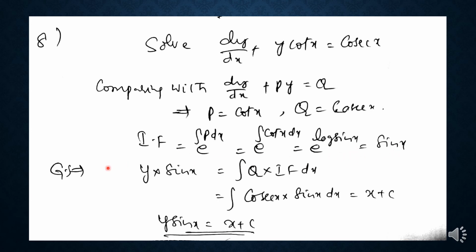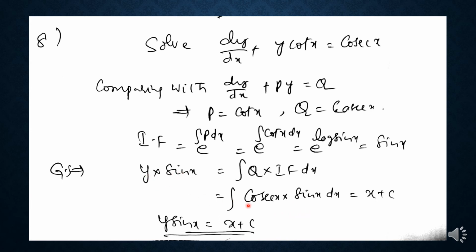Now what is the general solution for a linear differential equation? That is y into IF is equal to integral q into IF dx. Y into what is IF, that is sin x. Y into sin x is equal to integral q, cosecant x into sin x dx.